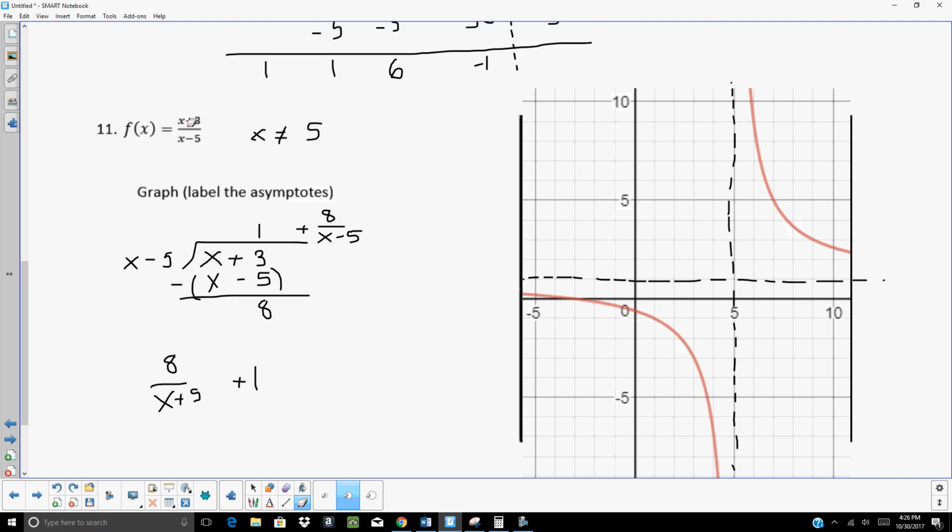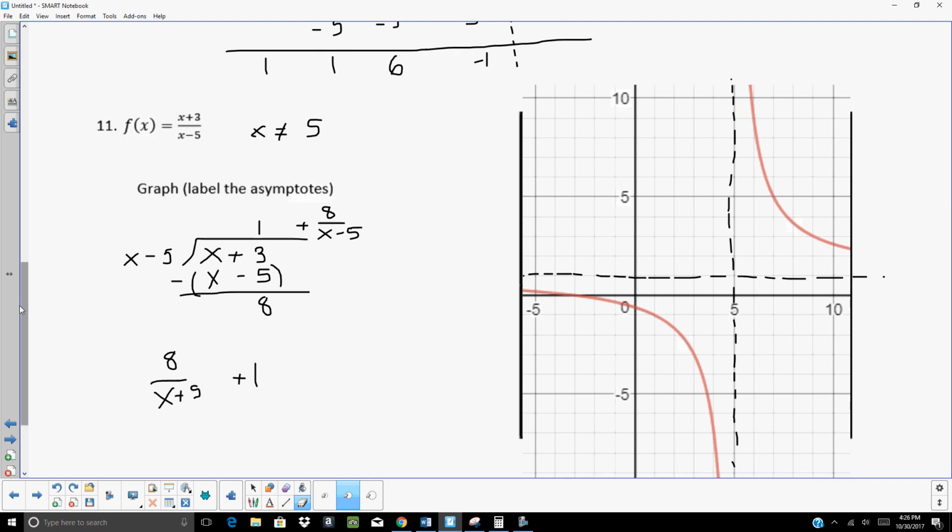If for some reason you've got a higher power in your numerator than you do in your denominator, you are not going to have a horizontal asymptote. Let me say that again.